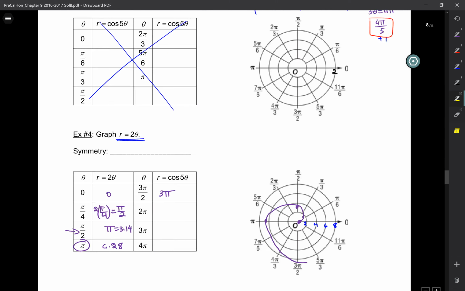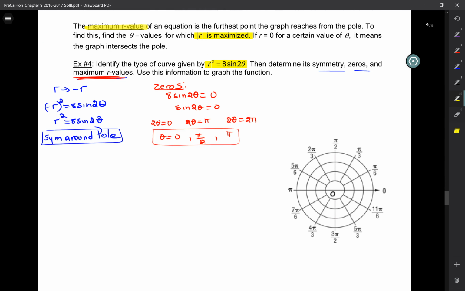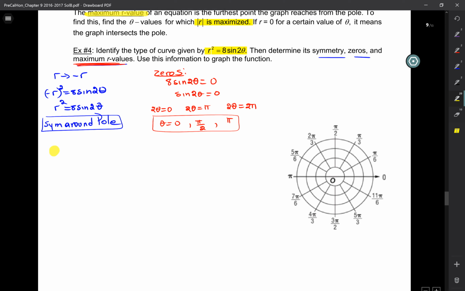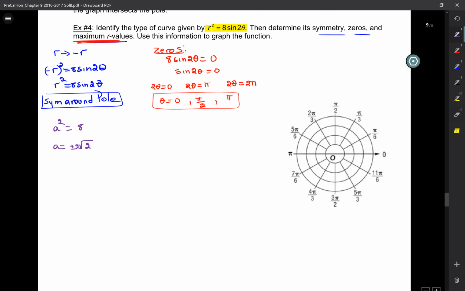So if you match that to here, A squared is equal to 8. So A is plus or minus 2 root 2. So the maximum value of R is 2 root 2. That means the most it extends from the origin is a value of 2 root 2. So for practical purposes, that's all you need.